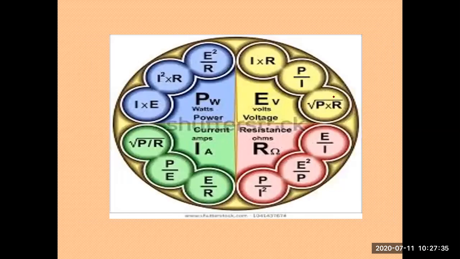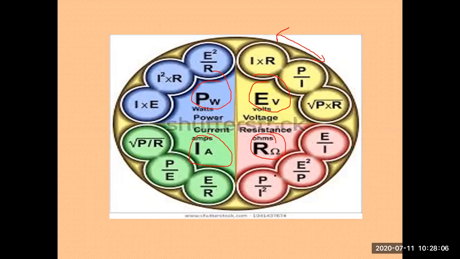So here is another wheel diagram where you can understand how the voltage is calculated, how the resistance is calculated, how the current across the conductor is calculated, and how the power is calculated. These are the four quantities, and if you note them down, these are the most valuable and most basic formulas which can be used to calculate the potential or voltage.